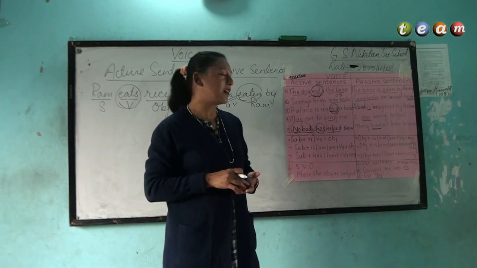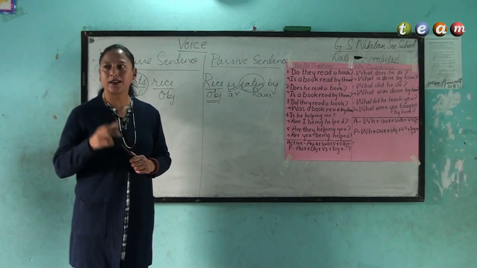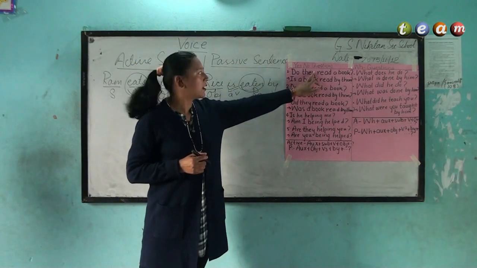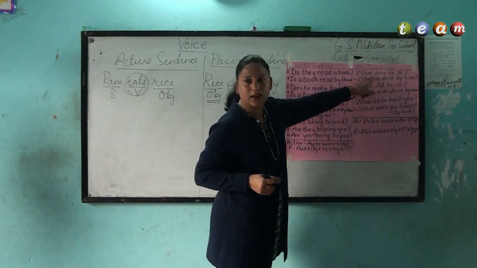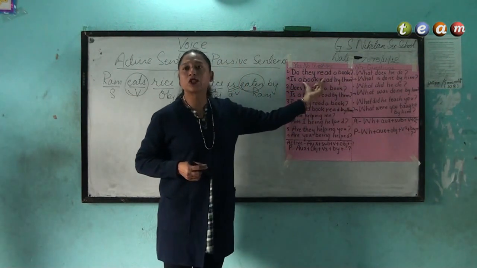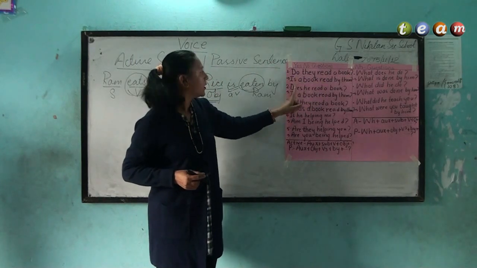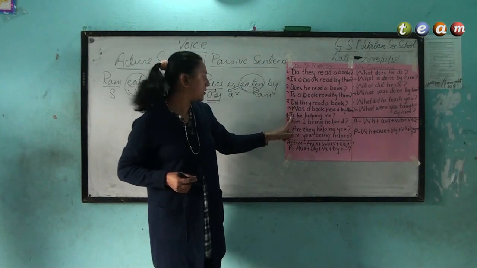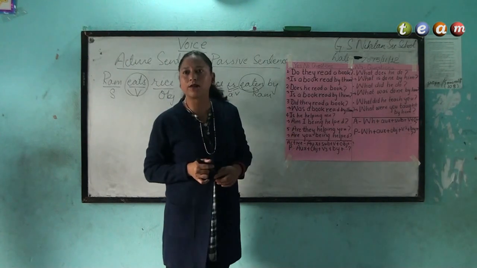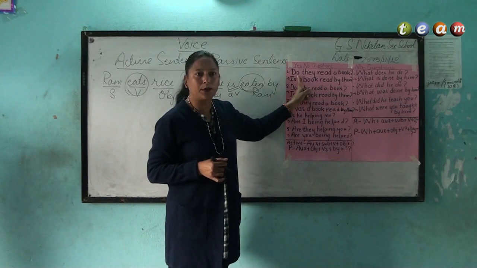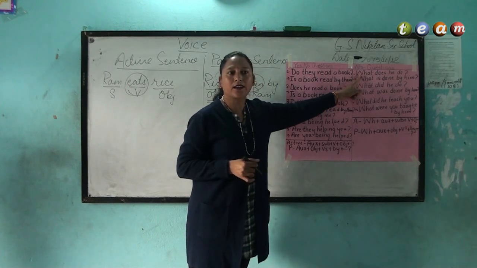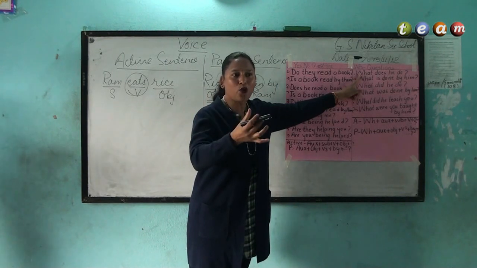Is it okay? Okay. Let us move to the interrogative sentence. There are two types of questions you see there. The first one is yes-no questions, and the second one is WH questions. A yes-no question starts with the auxiliary verb, and a WH question starts with a WH word like what, where, how.